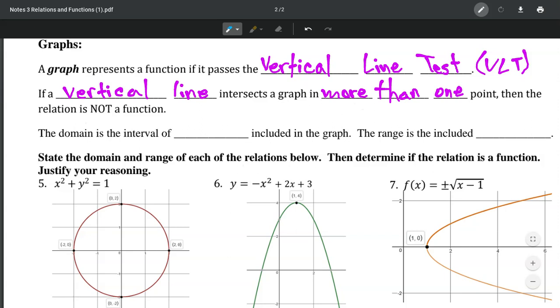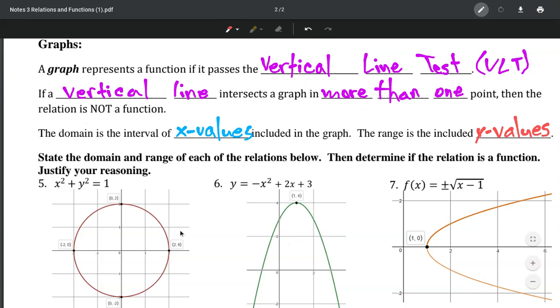What's the lowest x value to what's the highest? And very similarly, we'll say the range is the included y values. So just like before, we're going to state all the different x values and all the different y values that occur. We're just going to describe the range of them because there are too many for us to list.